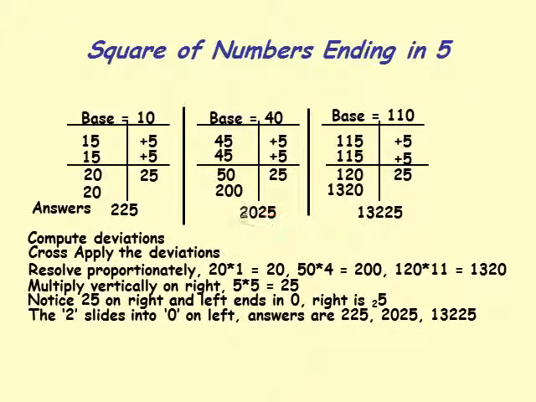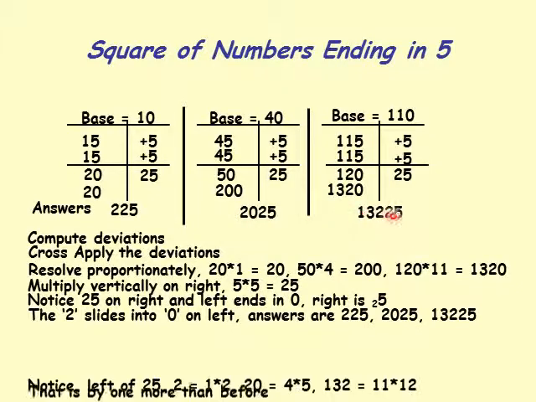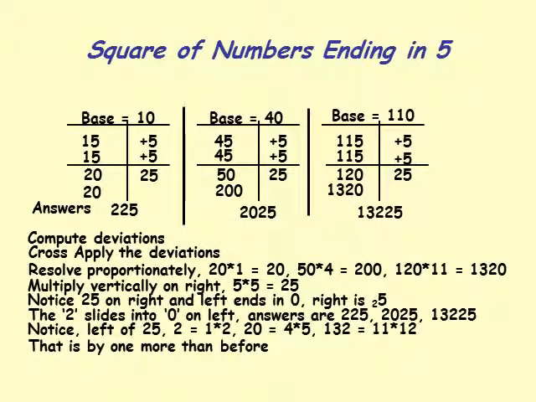So on the left part, we have been multiplying by 1 more than the number before. It was 1 here, so 1 times 2; 4 here, so 4 times 5; 11 here, so 11 times 12. And that's by 1 more than the number before.